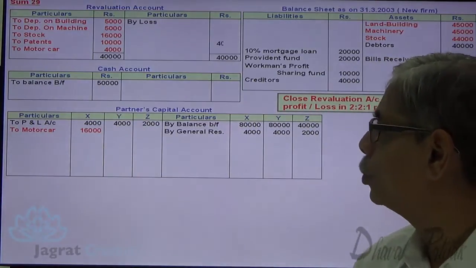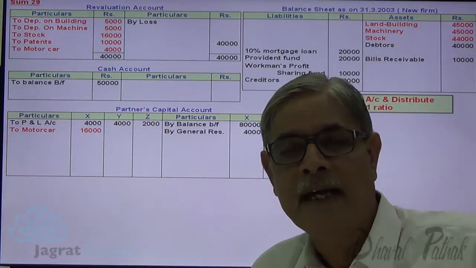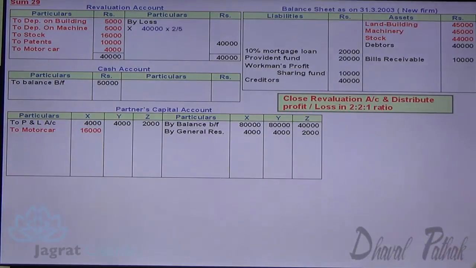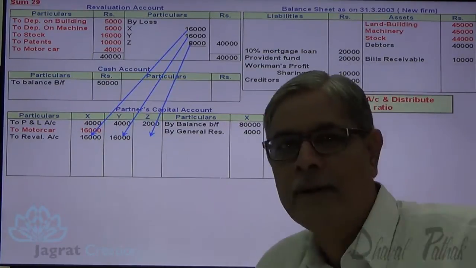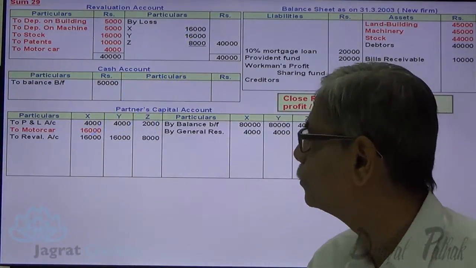That will be debited to partners' capital account in their profit sharing ratio, that is 2:2:1. 40,000 into 2/5 share of X, 40,000 into 2/5 share of Y, 40,000 into 1/5 share of Z. 16,000, 16,000, 8,000. X capital account debit 16,000, Y's capital account debit 16,000, Z's capital account debit 8,000, to revaluation account credit 40,000.